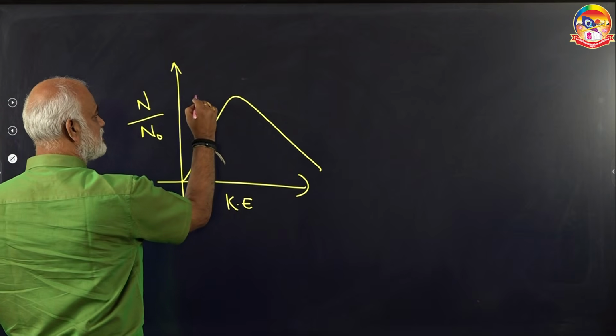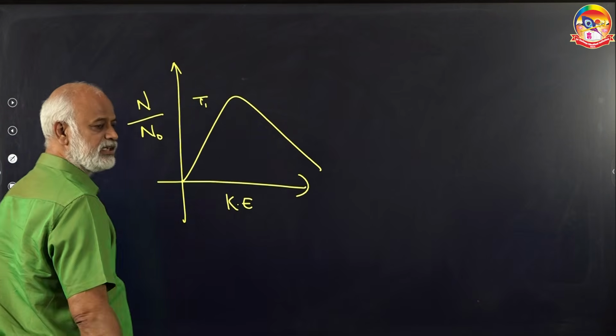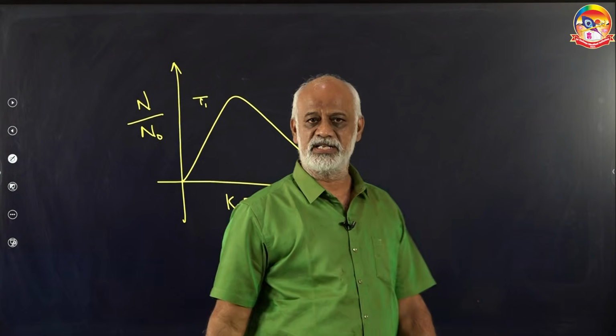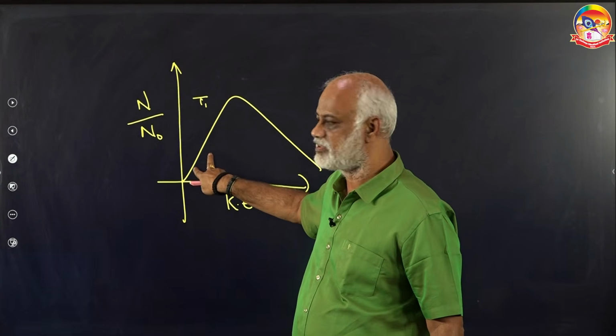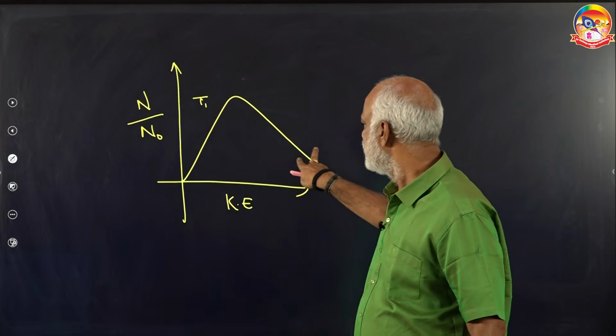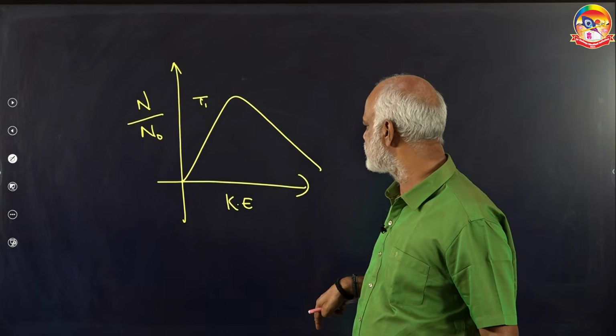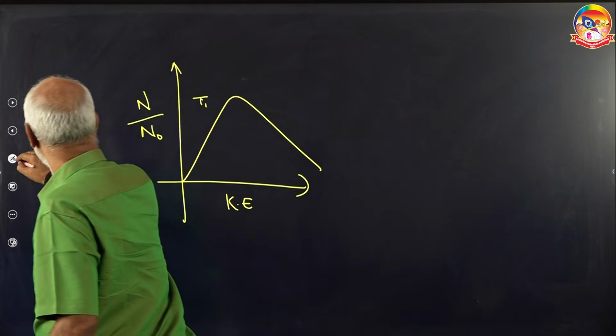This is, let us say, at a temperature T1. At a particular temperature, you can see the fraction of molecules with lesser kinetic energy is less, and with larger kinetic energy is also less. I will make it a little better.